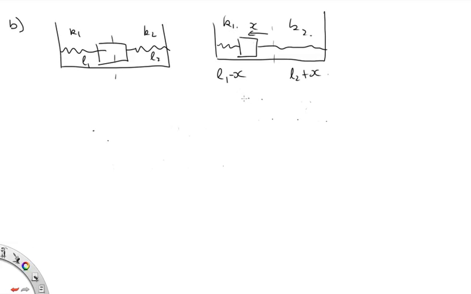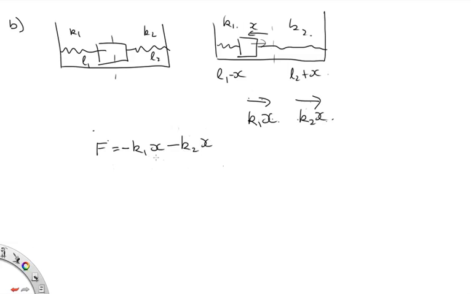Due to the first spring, it's acting to the right as the mass has been moved to the left. So it's K1x. In the second case, the spring's been extended, so the force is to move it back to its equilibrium position, which is again to the right. So we've got the force K2x. And so our total force F is equal to minus K1x minus K2x.